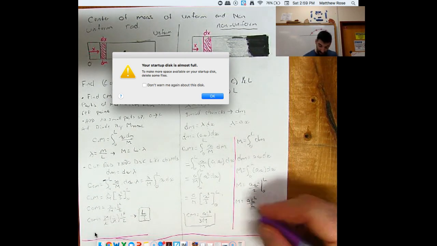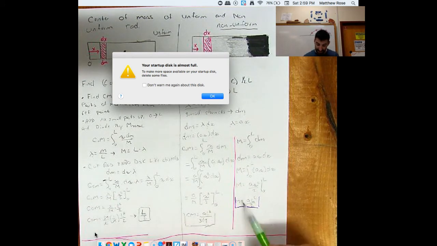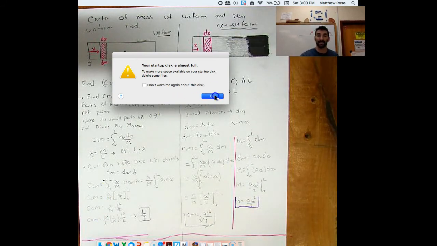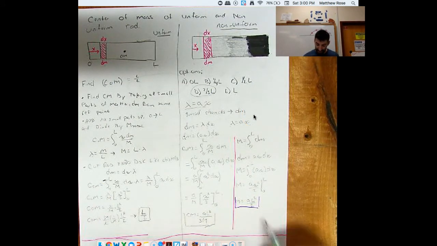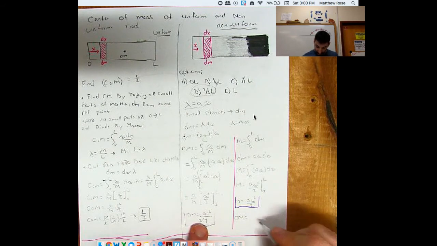Now, I'm cooking with fire. I've got a mass as a function of length, which means I can sub this into that. I can say my center of mass is equal to aL cubed over 3, right?